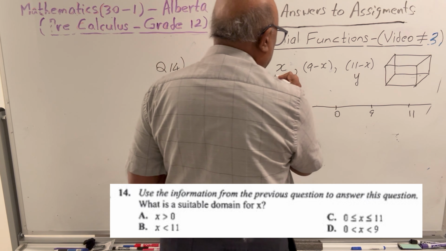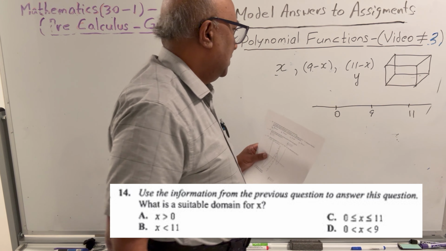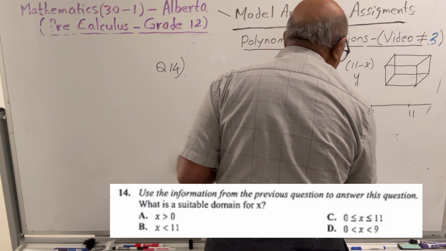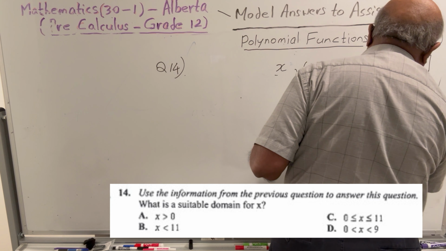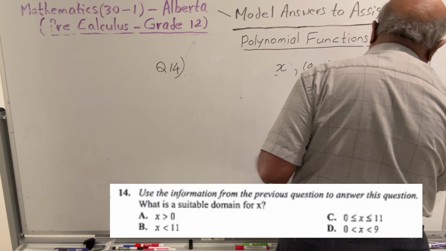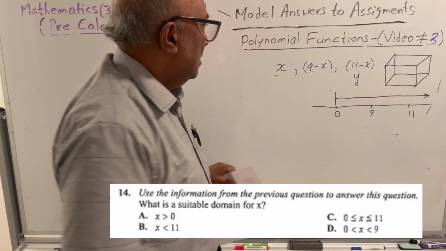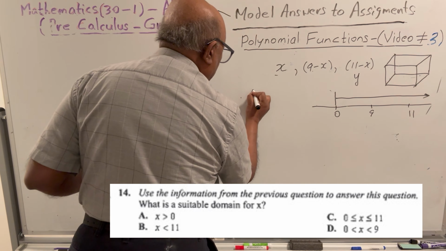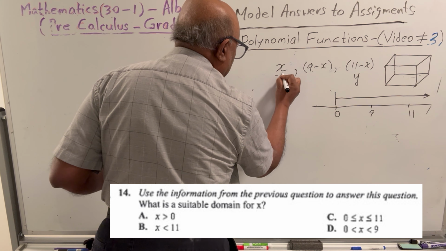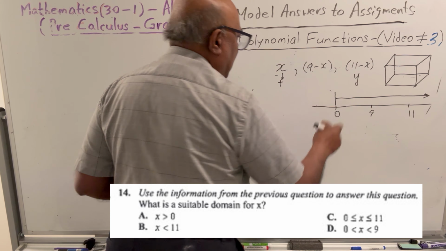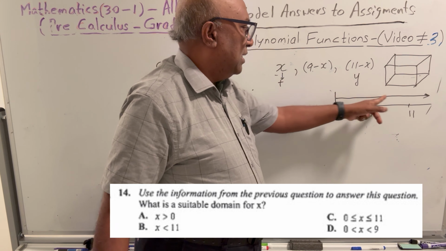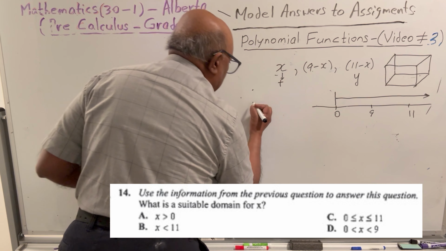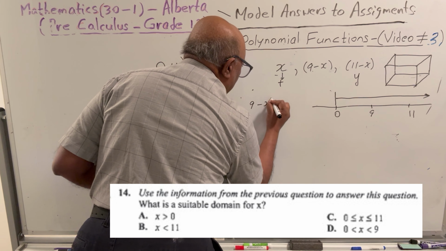Now all these dimensions should be positive. x has to be positive, which means we can mark the interval for x like this. 9 minus x has to be positive. We already interpreted this one on the number line. Other one is 11 minus x also has to be positive.